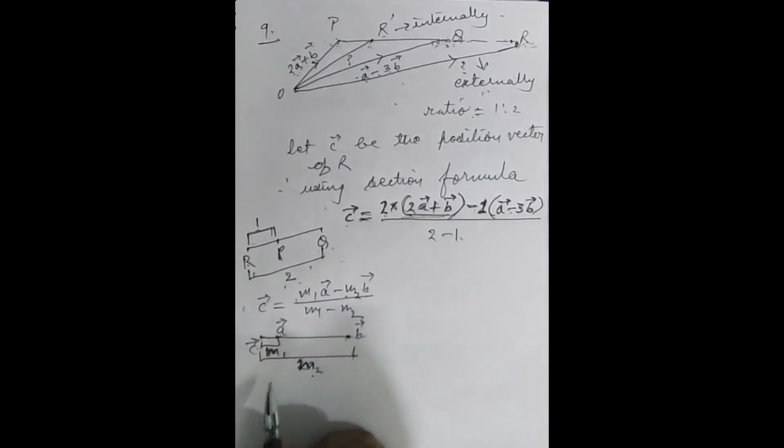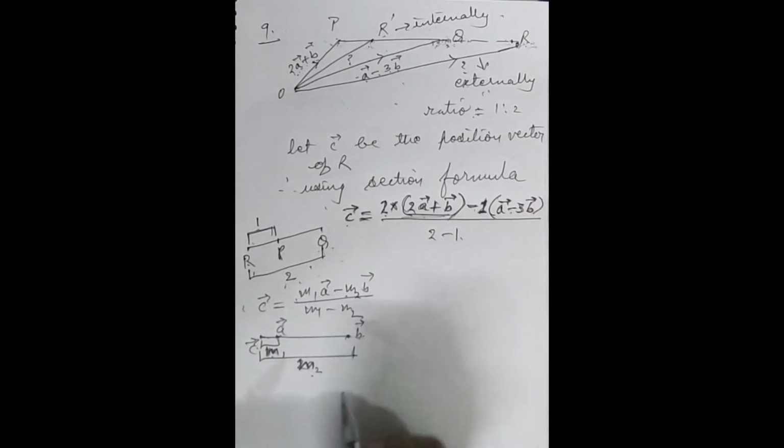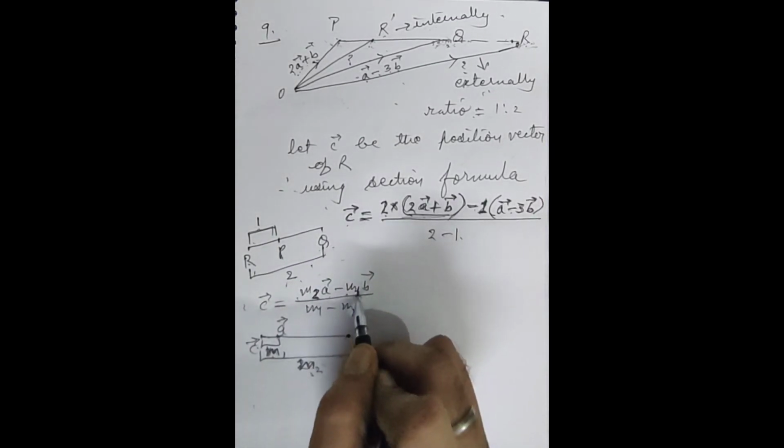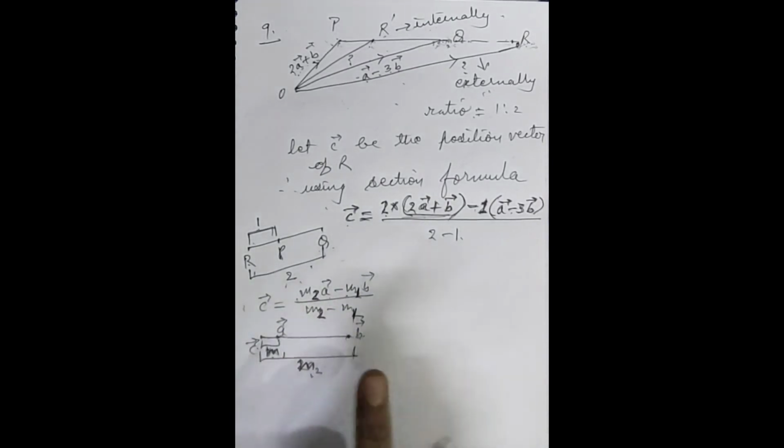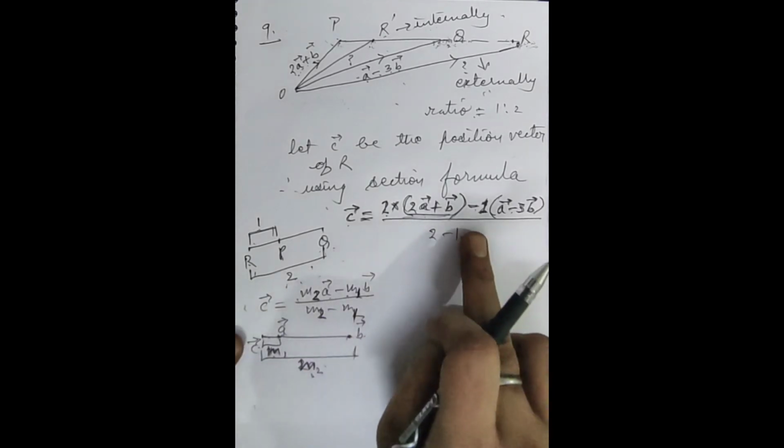Then m1 must be multiplied to b and m2 must be multiplied to a, that is, cross multiply. So you can write m2 a and m1 b, and in the denominator we write m2 minus m1, because by this diagram m2 is longer. The same thing we have to apply here also.